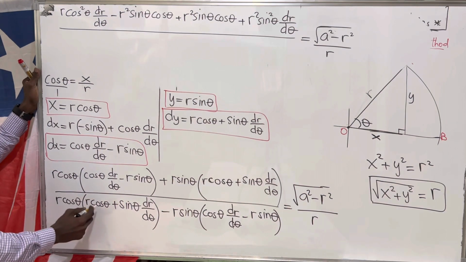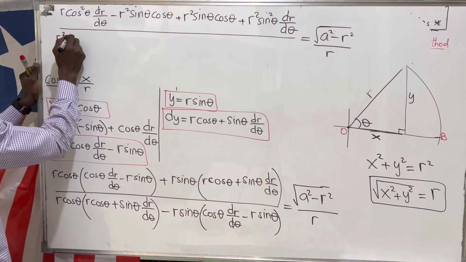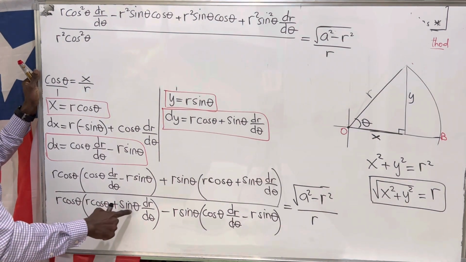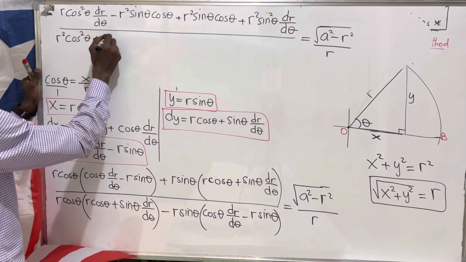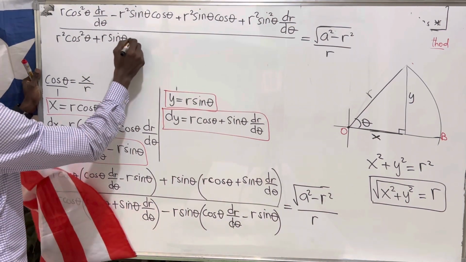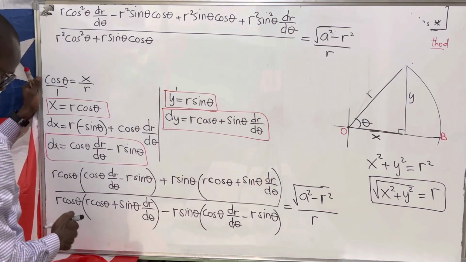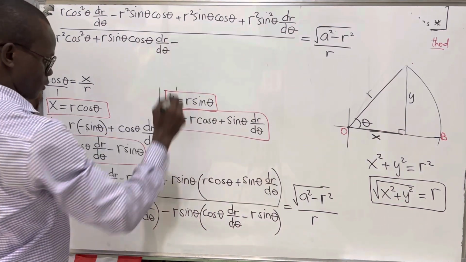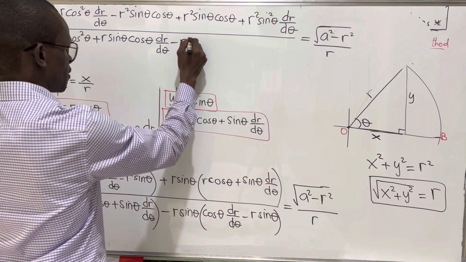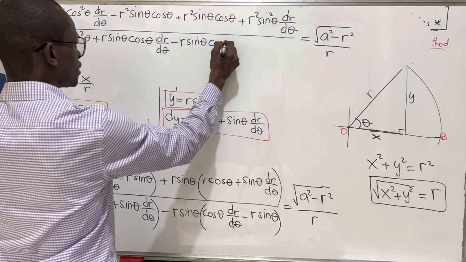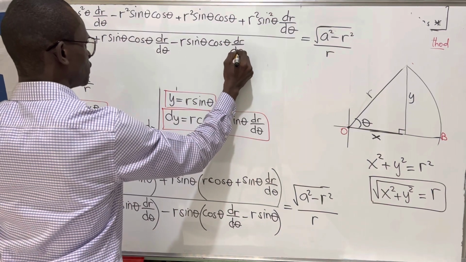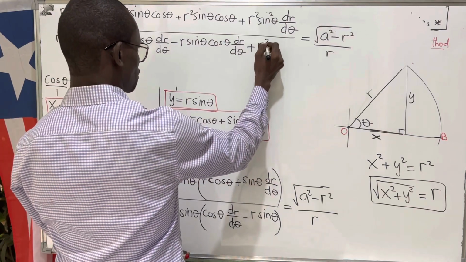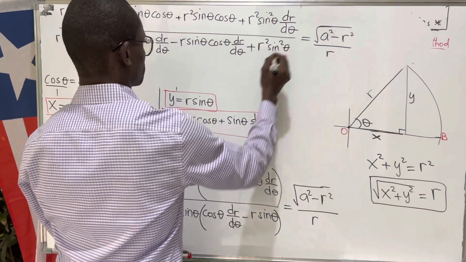But let's come to this side as well. So we have r cos of theta times r cos of theta is r squared cos squared theta, and then r cos of theta times sine is now r sine of theta cos of theta, and then next this is dr over d theta, minus this, and this is r sine of theta cos of theta dr over d theta, and then this time, negative times negative is positive, r squared sine squared theta.